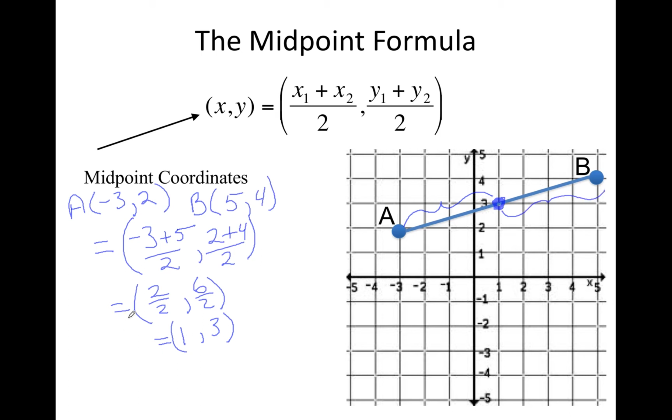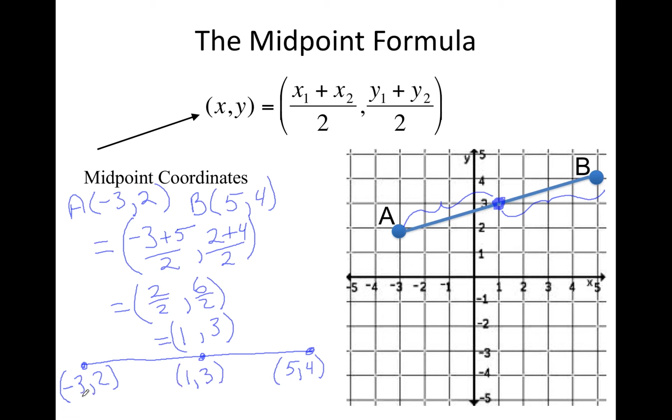Now, the interesting thing is, if we found the midpoint, which is 1, 3, if I laid all these guys out on a horizontal line and put one end here, -3 and 2, the other end over here, 5, 4, and found my middle here.